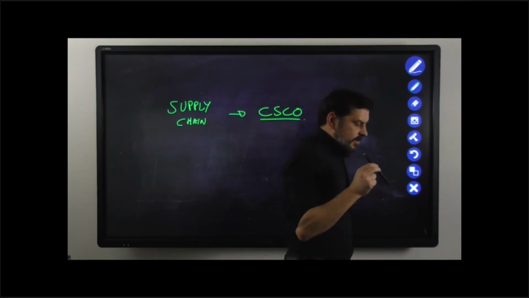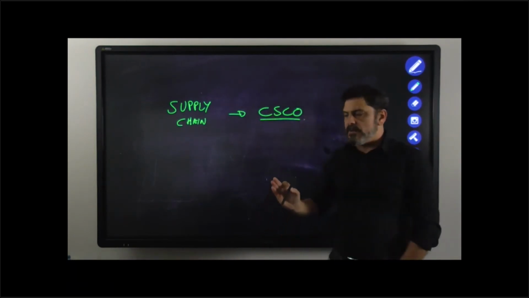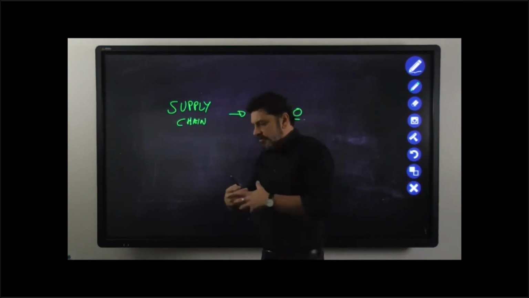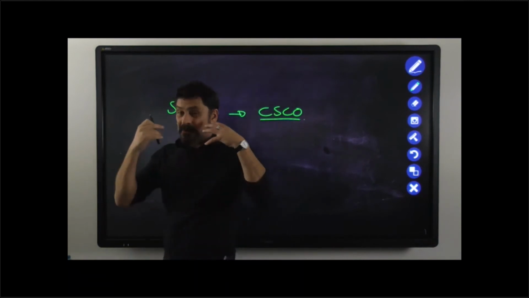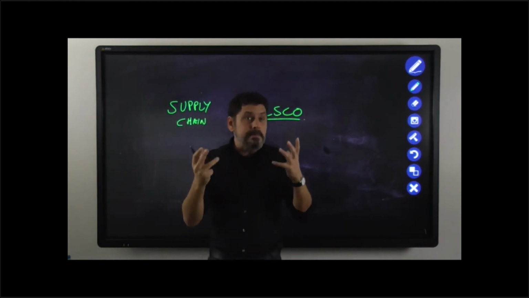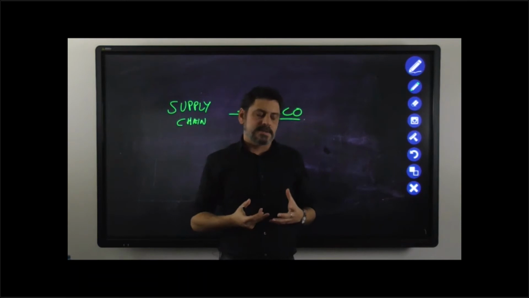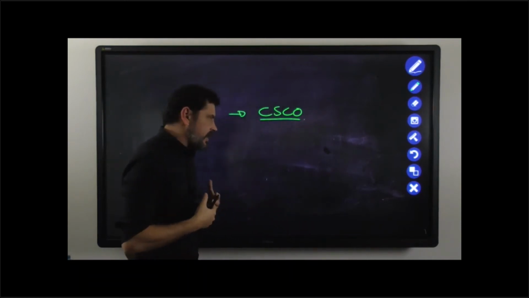But supply chain, not merely from an operational point of view or function or domain, but also from an understanding of the financial impact of all those operations. Yes. So there should be a strong link with finance.